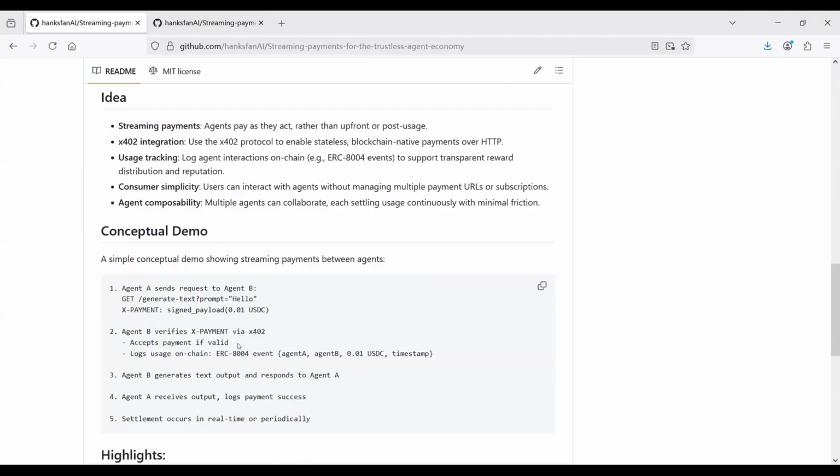So that's my idea. Our vision is we believe this model can power the trustless agent economy. So that's what I want to share with you. Thank you.